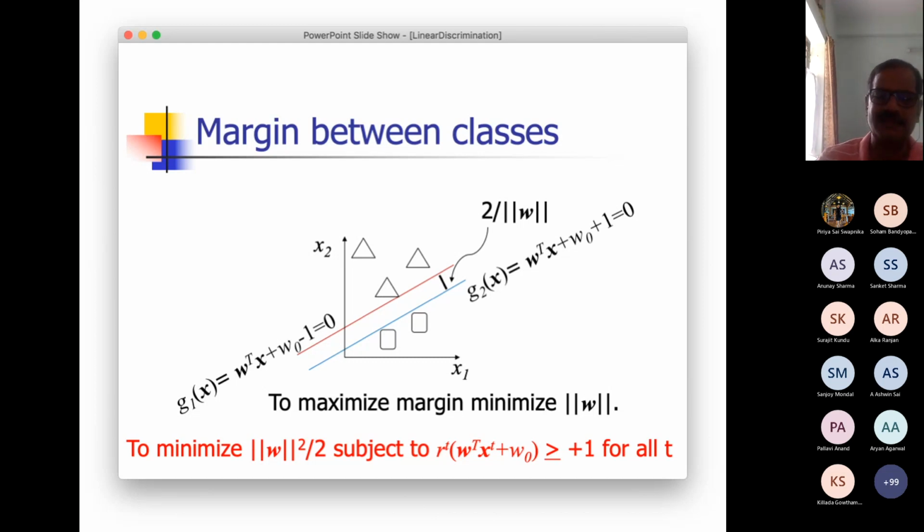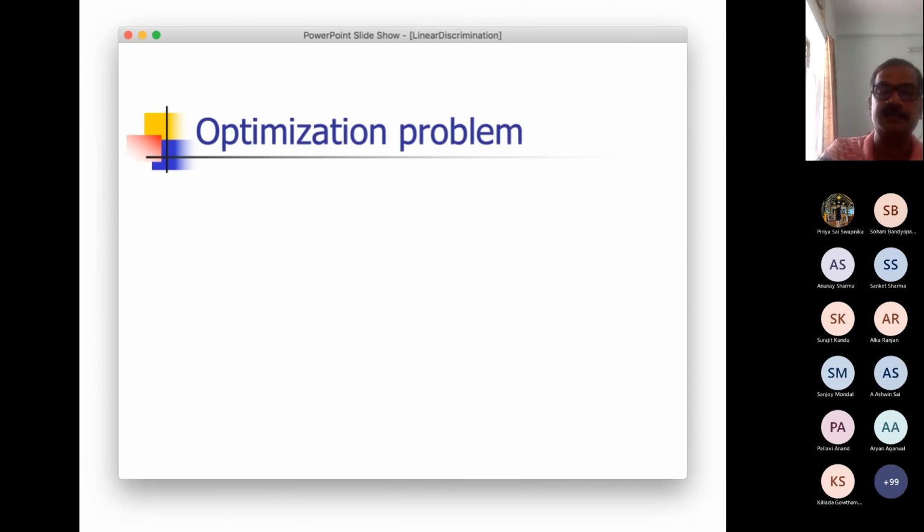So there's that kind of simplification in the expressions. But it has to satisfy all the constraints. That means all the training sample specifications, which is given in this form. It is for all t. Okay, so this is how the problem is defined.